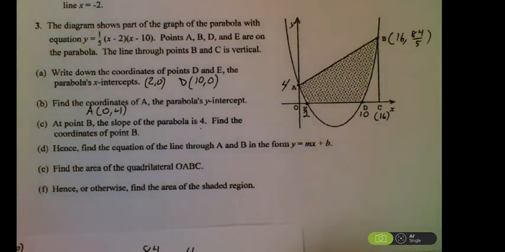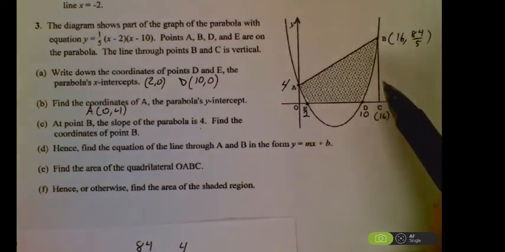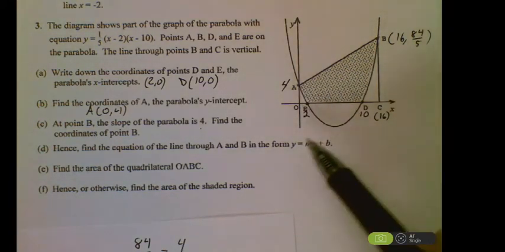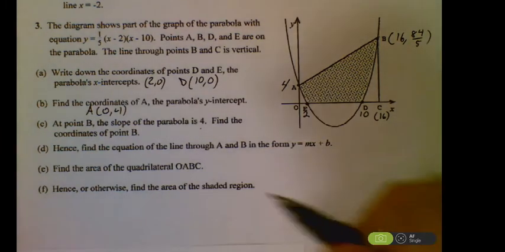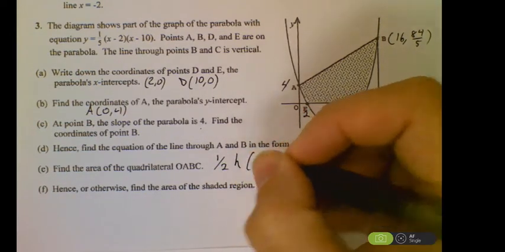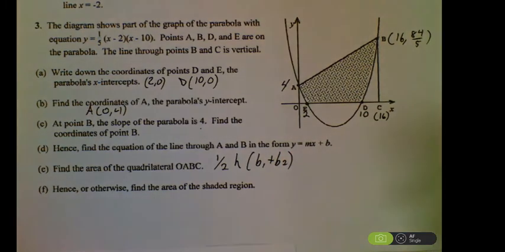Let me move on to the area of quadrilateral OABC. This is kind of like the one we had up above. There is a trapezoid taking place right here. There are really two ways you can do that. You could just find the area of the trapezoid: 1/2 the height times base 1 plus base 2 would not be a bad way to go.